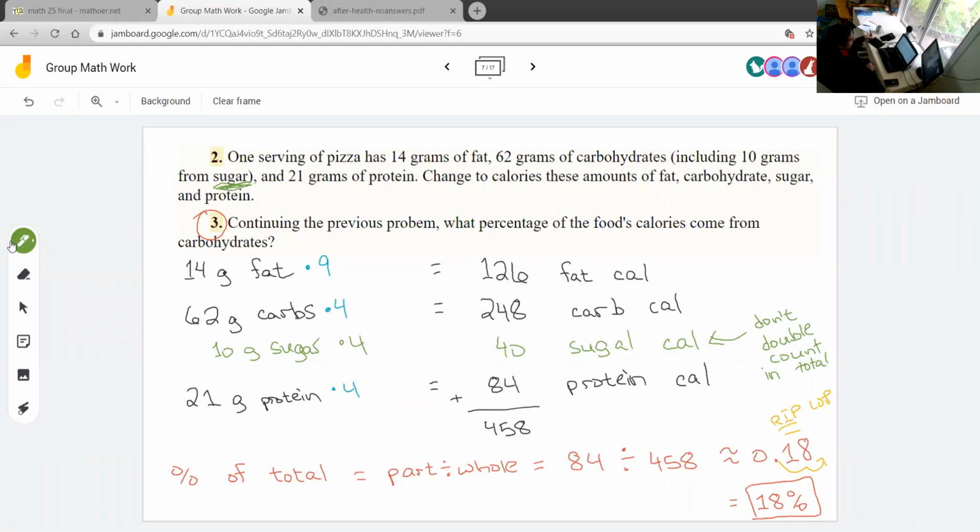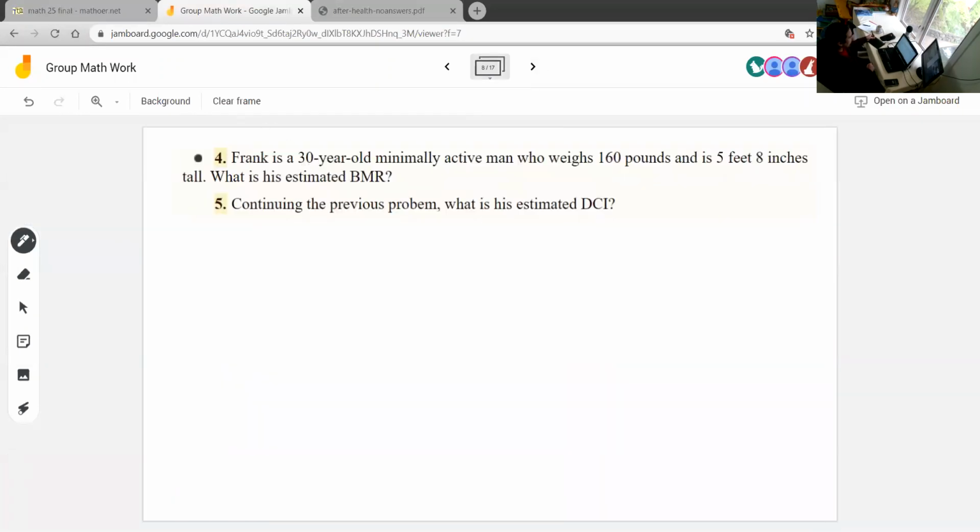Questions about this slide? Okay. David asked about the test.